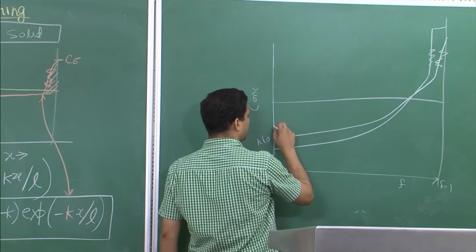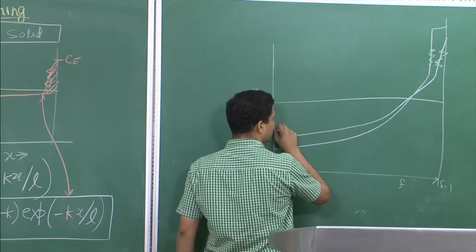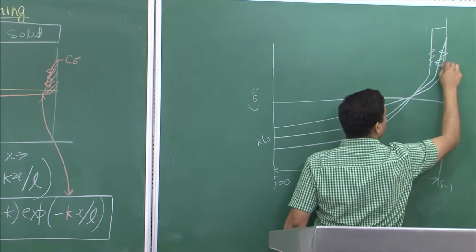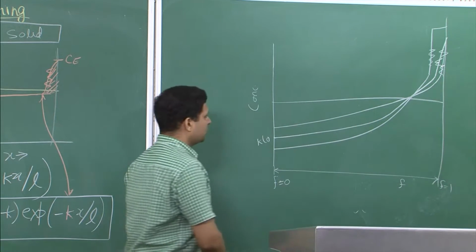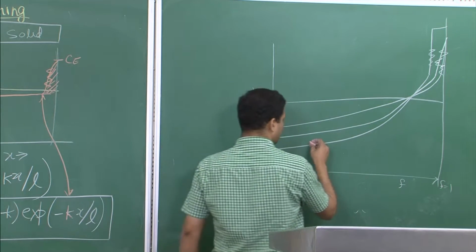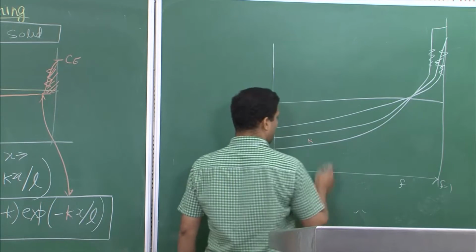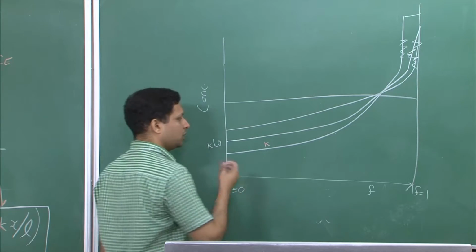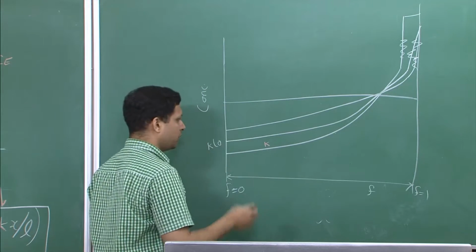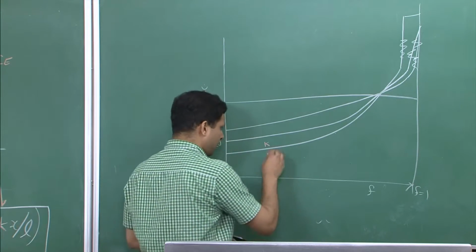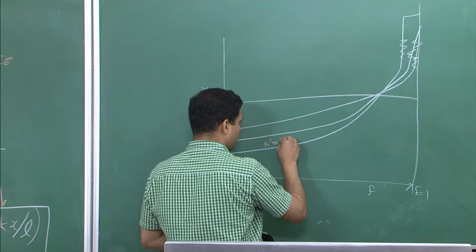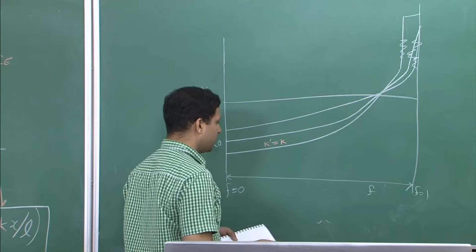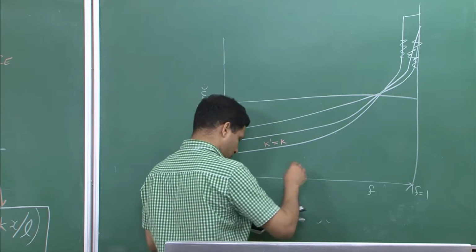If the K effective is even different, you may get something like this. I am just putting some values off the tip of the tongue. These are not meant to be taken literally, these are just to give you an idea what happens when we are changing from complete diffusion to some amount of convection.